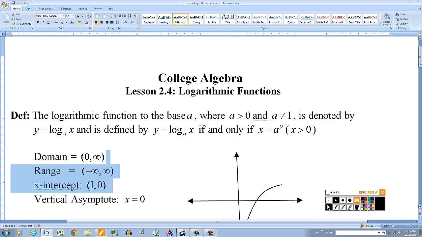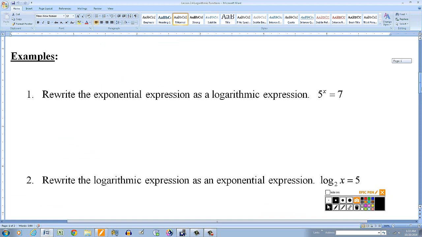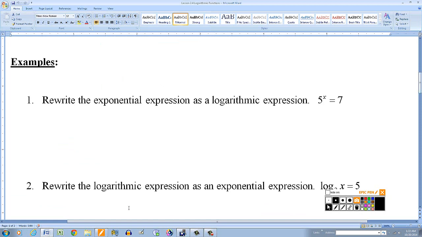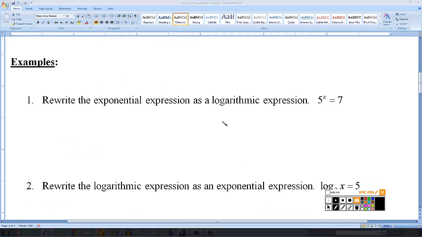So the first example says write the exponential as a logarithmic expression. It's an exponential, so I want it as a log expression. So I want the log, and I want this to equal. From this, you can see 5 to the x, 5 is the base, so that has to go here.